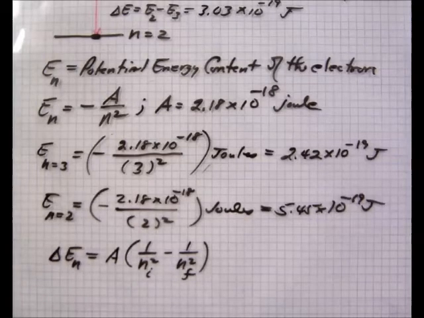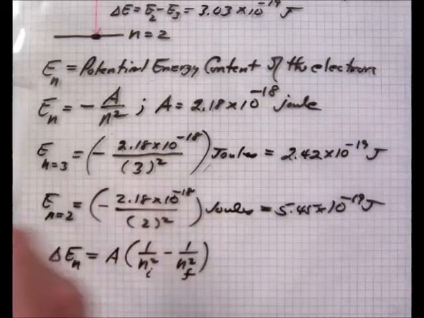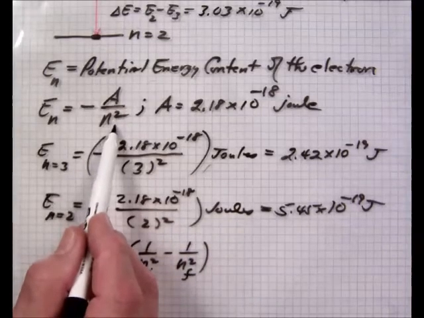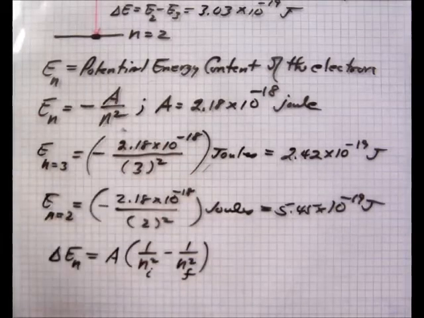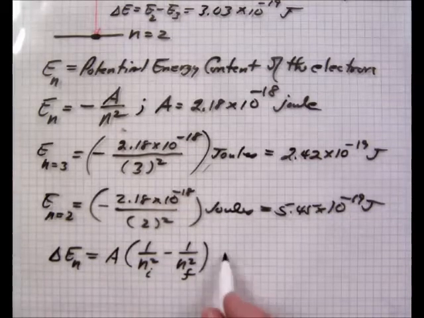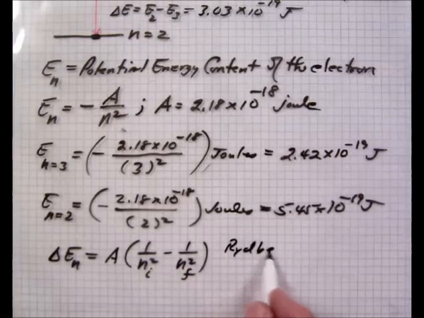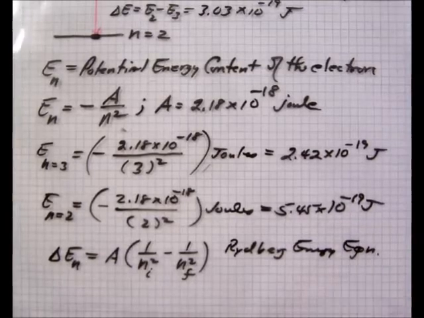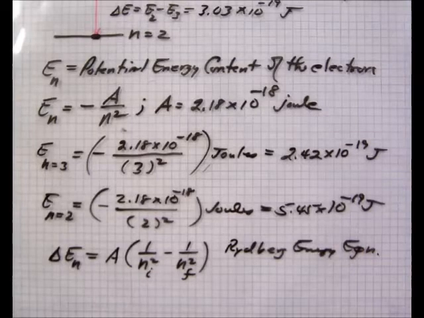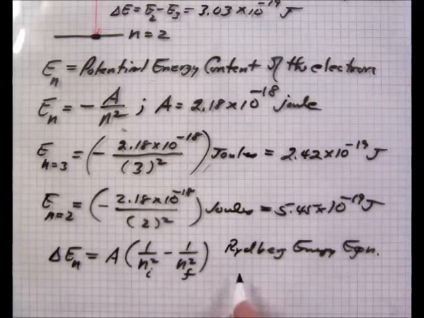That's all it involves, is taking that equation right here, saying one of them's final and one's initial, and you subtract the two and you'll get this equation. It's called the Rydberg energy equation. Note that this is in terms of the transition alone, only. Very important note here. I'll show you why in a second.